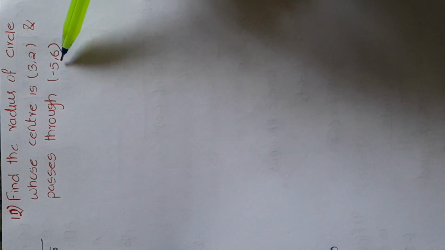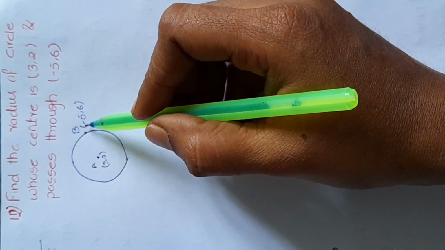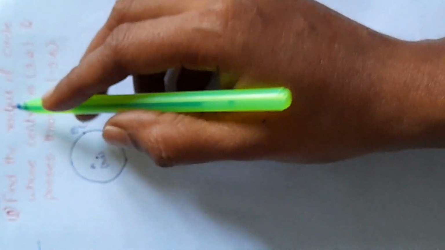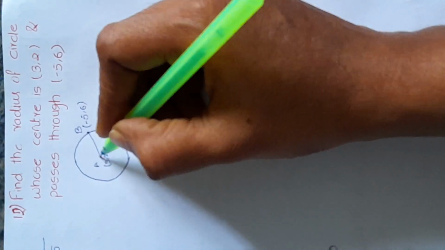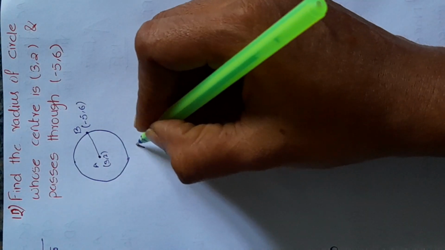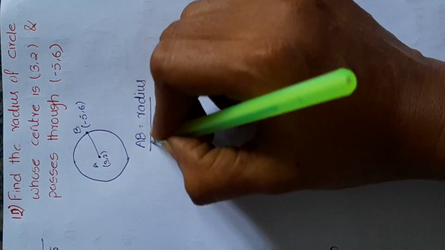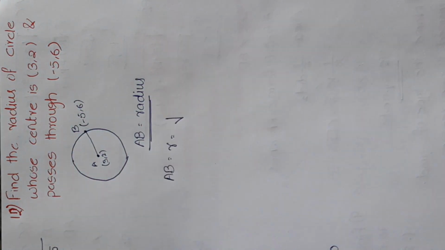The 12th question is: find the radius of the circle whose center is (3, 2) and passes through (-5, 6). Here (3, 2) is the center and the circle passes through B (-5, 6), and we should find the radius. So AB becomes the radius, because the distance between the center and a point on the circle is the radius. If we find the distance between the 2 points AB, the radius is found.